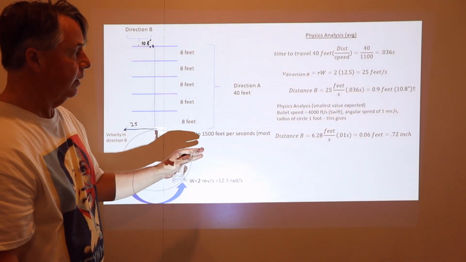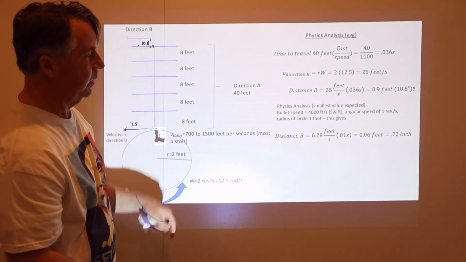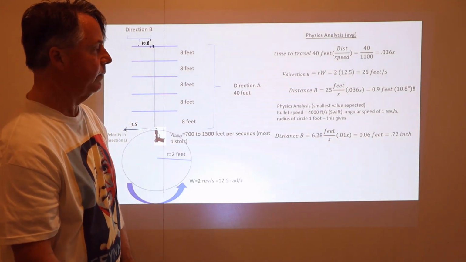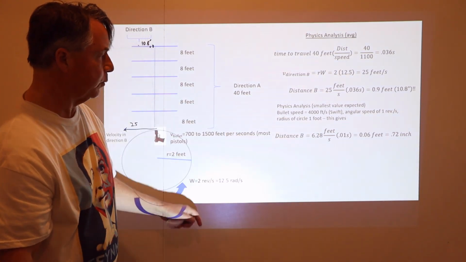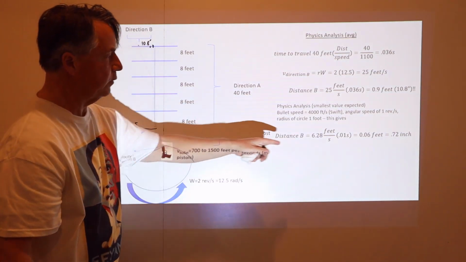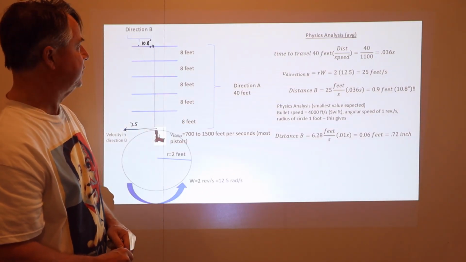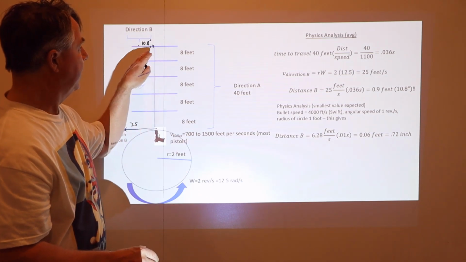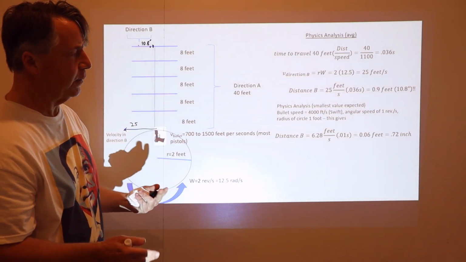That would all contribute to give me the lowest possible displacement, as kind of an extreme value. So I got 6.28 feet per second in this direction, a travel time of 0.01 seconds, and I got 0.06 feet, or 0.72 inches. So at the very least, the bullet should have been displaced by about three quarters of an inch.